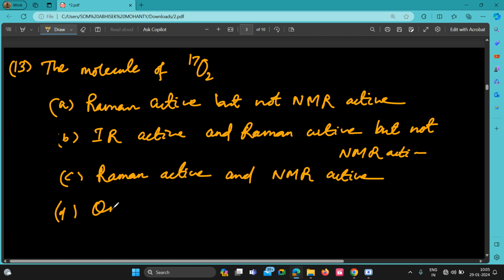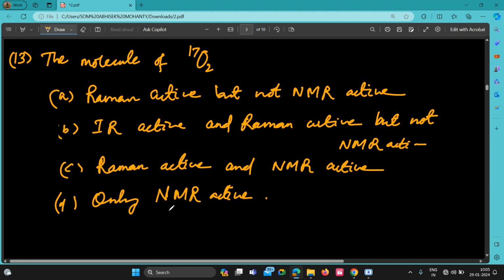Option D is only NMR active. So these are the options: Raman active but not NMR active; IR active and Raman active but not NMR active; Raman active and NMR active; only NMR active.